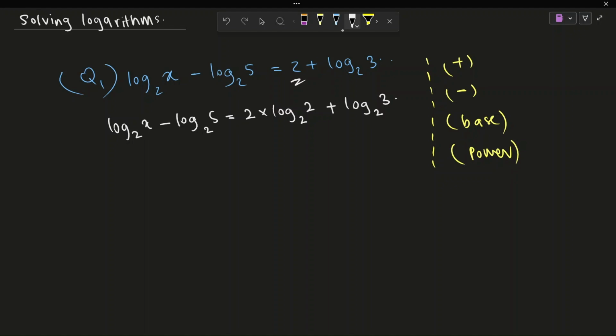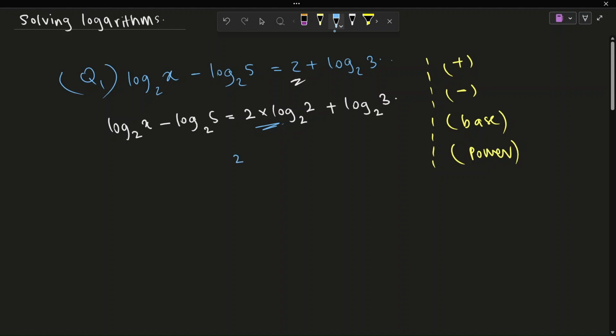Now, the same thing, you're going to look for the 4 rules. Obviously we can use the addition rule and the subtraction rule, but if you notice, we can use the power rule as well with this one in specific, because this 2 is multiplying the log.